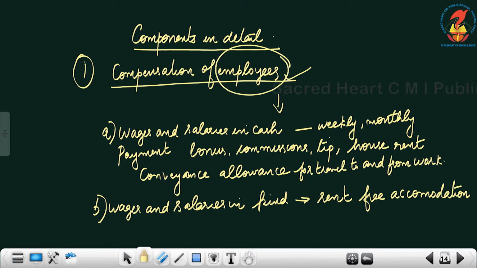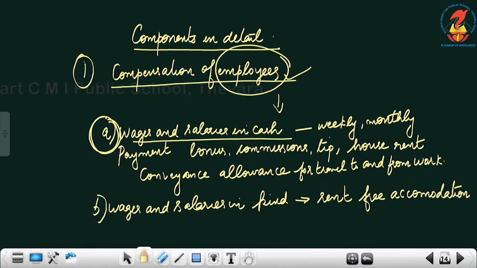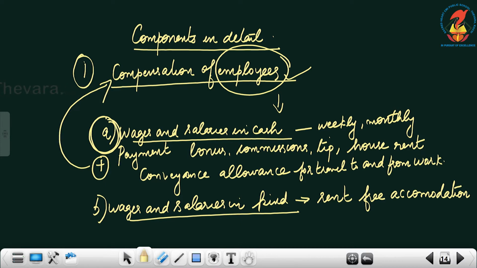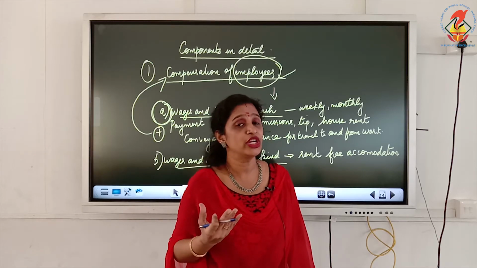Now, mainly compensation of employees is divided into two. First one is wages and salaries in cash, and the second one is wages and salaries in kind. Both are the two important parts of compensation of employees. Remuneration of an employee can be given in two ways.